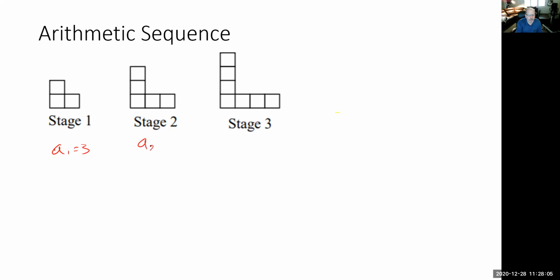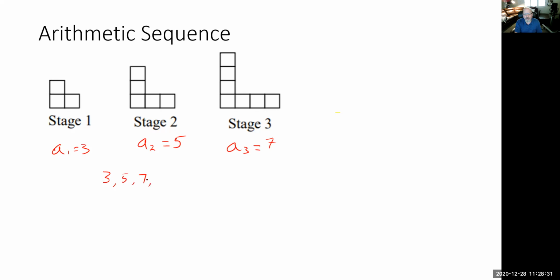The second one has five blocks. The third one, and I'm doing this on purpose because I want you to understand what these things mean, the third one has seven blocks. And the sequence would be 3, 5, 7.